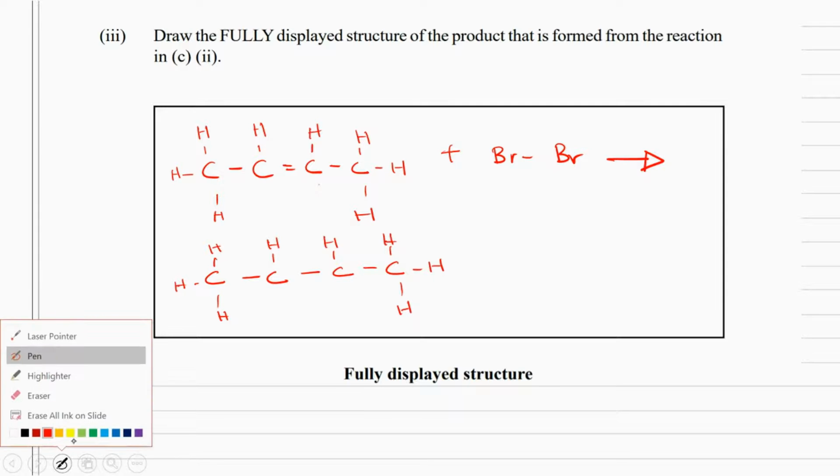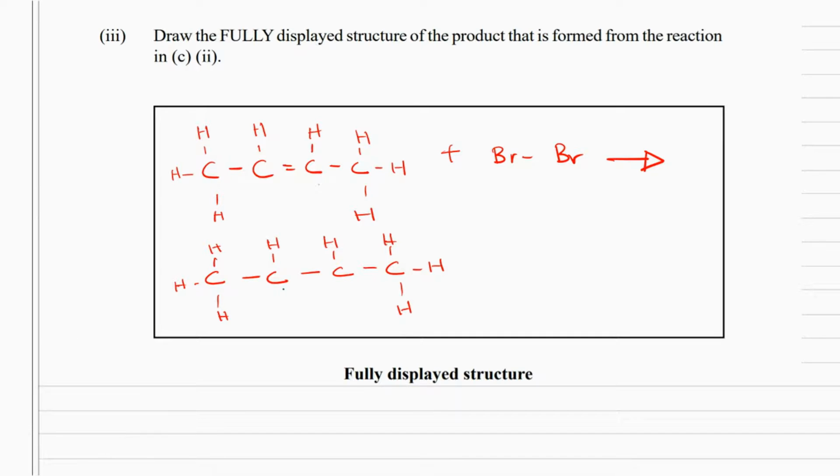So the double bond is broken, and the bromine atoms are added to the carbon atoms right there where the double bond was. It's broken, forming a carbon-carbon single bond, and the bromine atoms are added. So this is an addition reaction.